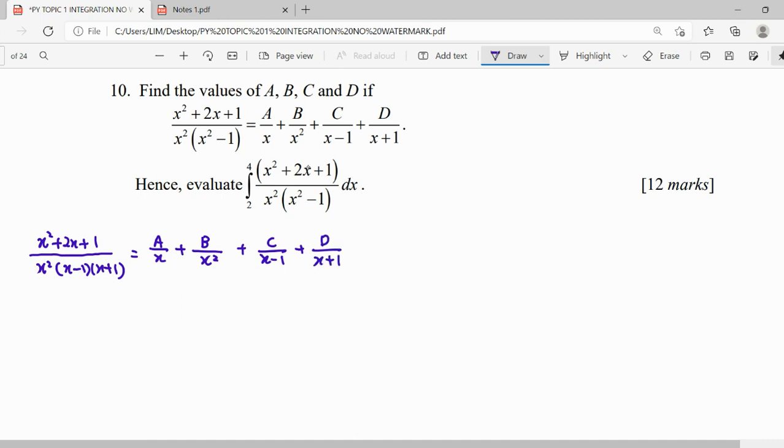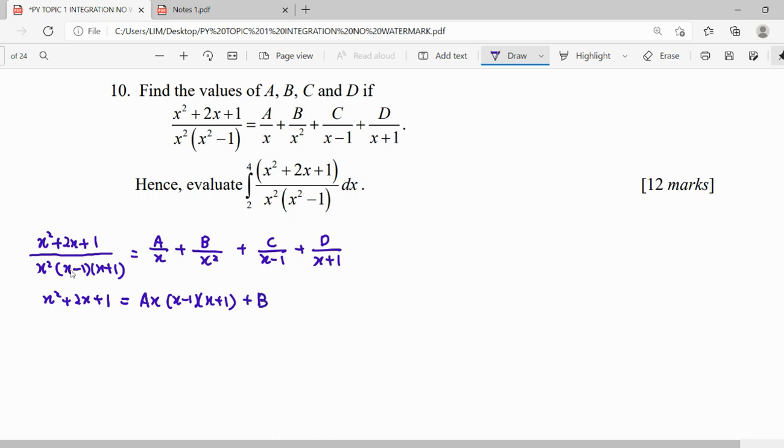Okay, then our next step will be to equate out. So for a, we will multiply with the factor that we don't have. We refer to our denominator part. So what's the factor that we don't have? We see it has an x here, so we don't have another x, factor x minus 1, factor x plus 1.